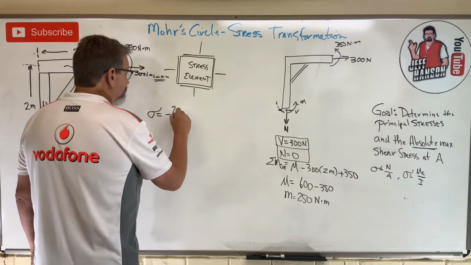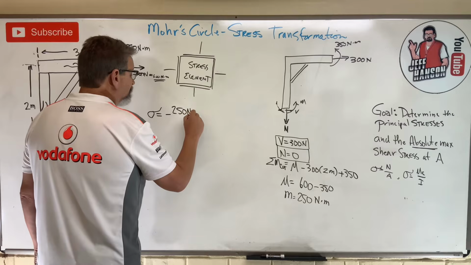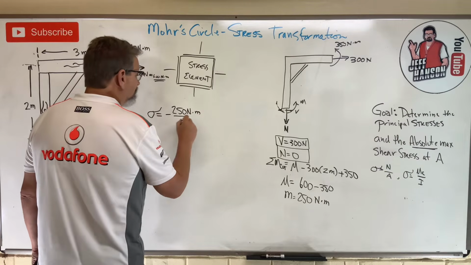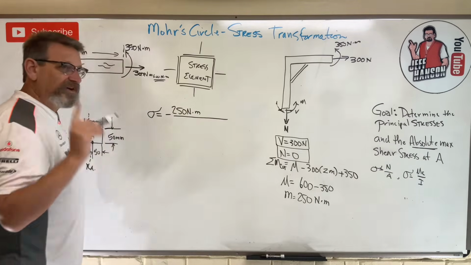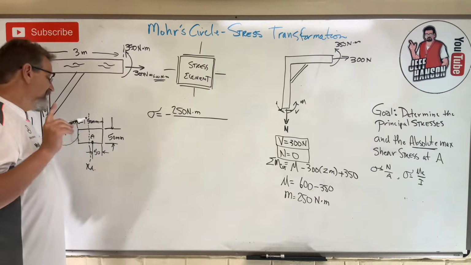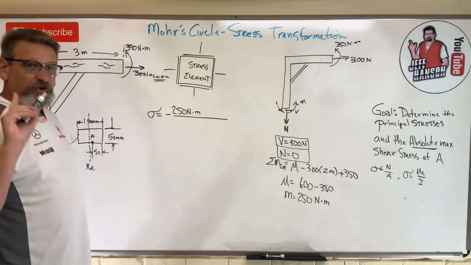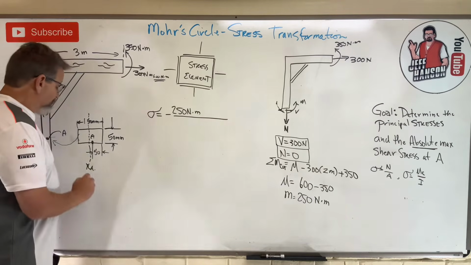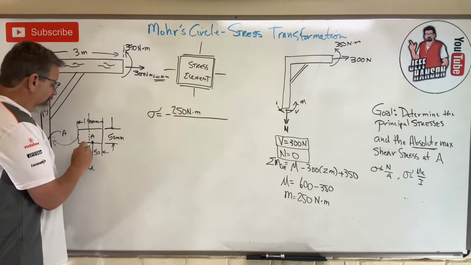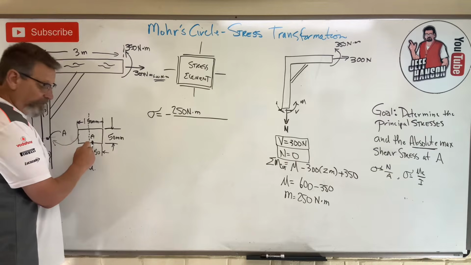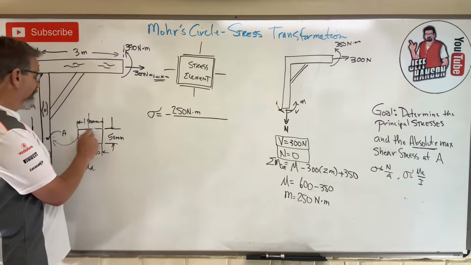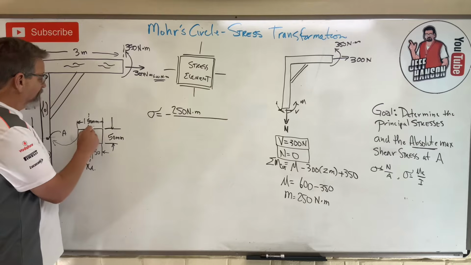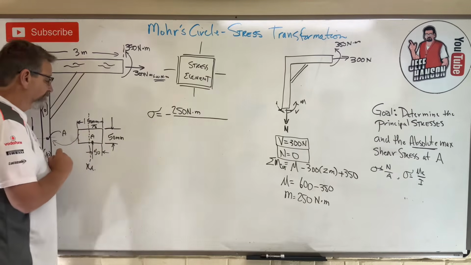And then 250 Newton meters, okay, times C. What is C? C is the distance from the neutral axis to the point of interest. So the neutral axis is here. The point of interest is there. Now if it's 50, let's see, the whole thing is 150, so half the part must be 75, huh?